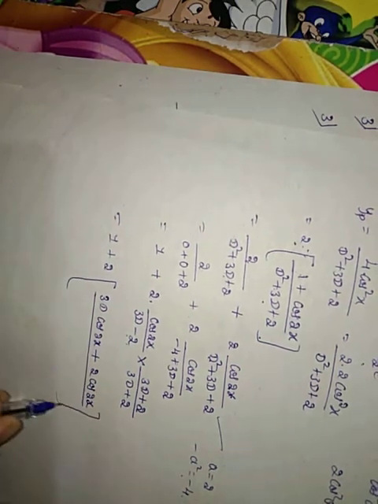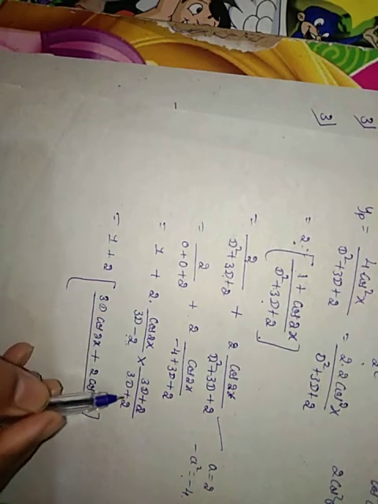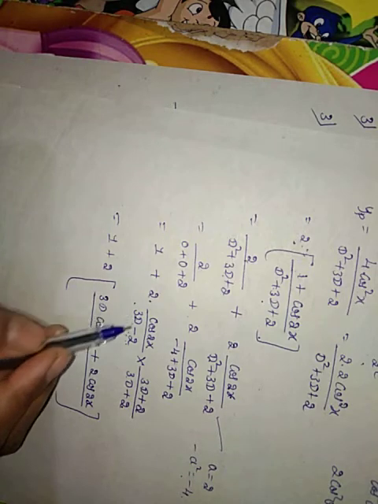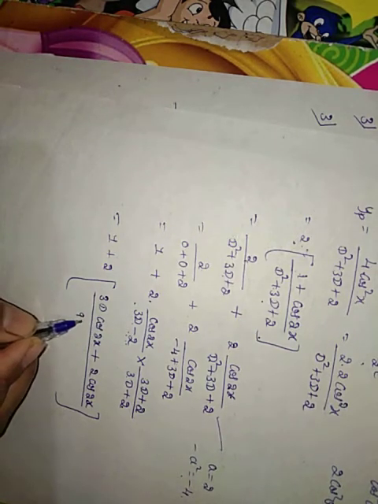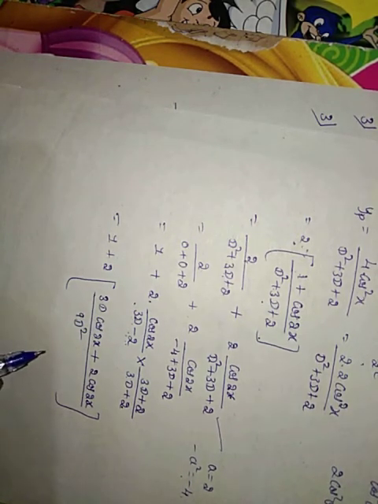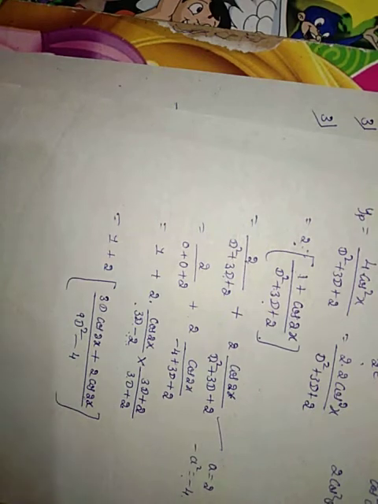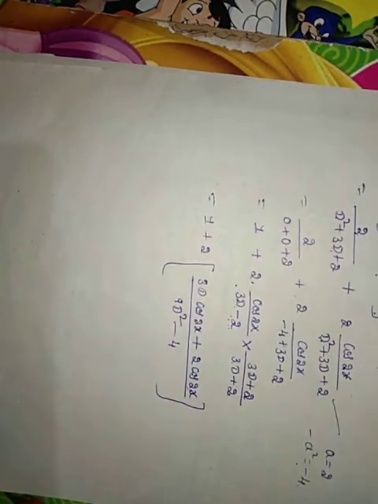Divided by a minus b, a plus b, which is a square minus b square. So 3D whole square is 9D square, minus 2 square is 4. Cos 2x, cos 2x, so both the functions are the same. So no need to split the denominator to the numerators.